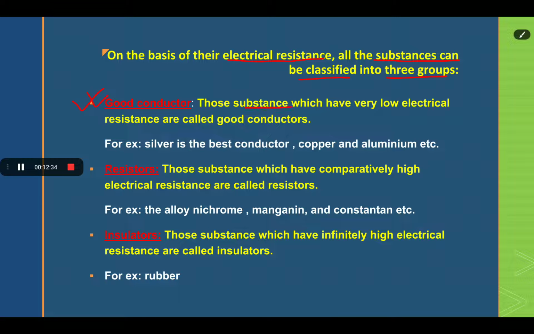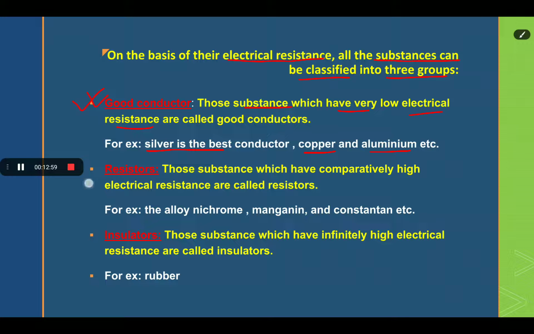Those substances which have very low electrical resistance are called good conductors. You know, silver is the best conductor, but it is very costly. That's why we are not using it in our homes for wiring. Besides silver, copper and aluminium are also good conductors because they have low resistance.